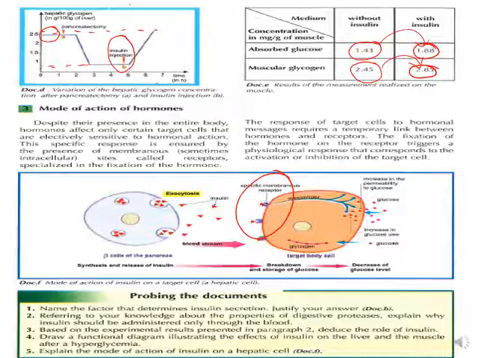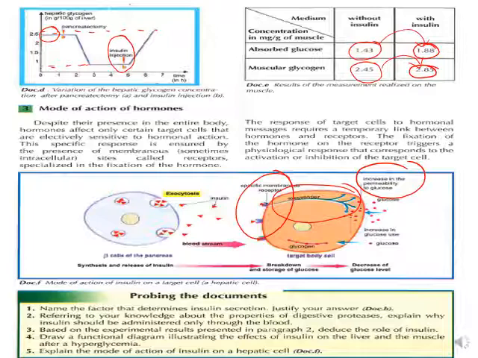Thus, it provokes the activation of the second messenger, which is responsible for increasing the permeability for glucose, and it's also responsible for the storage of glucose in the form of glycogen. So this is the mode of action of insulin.